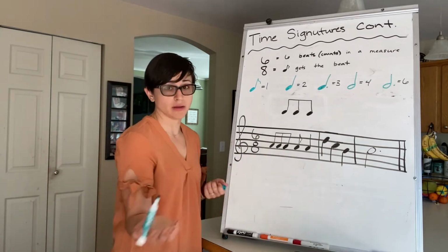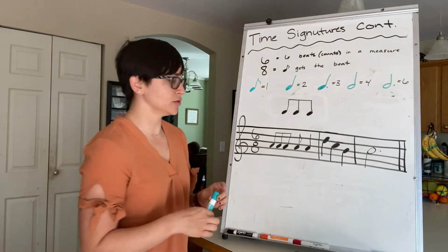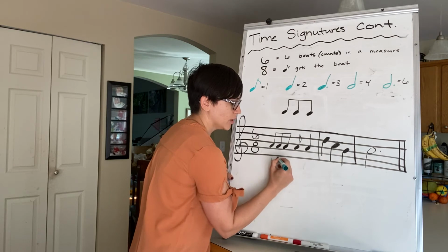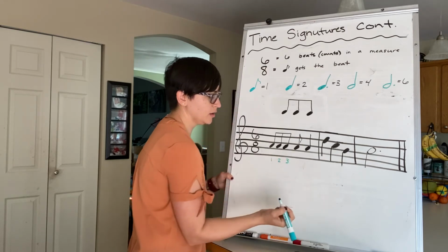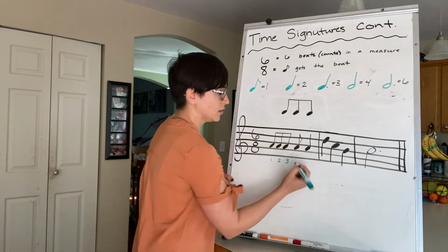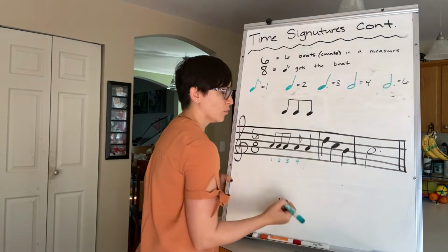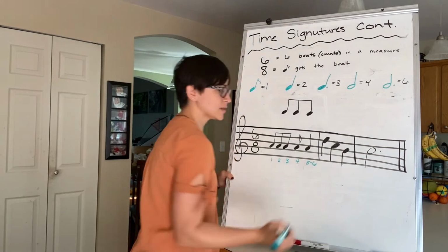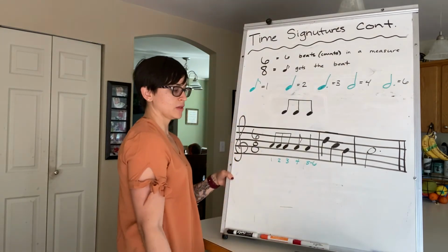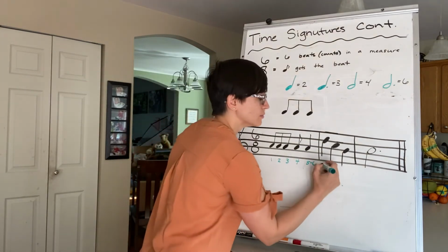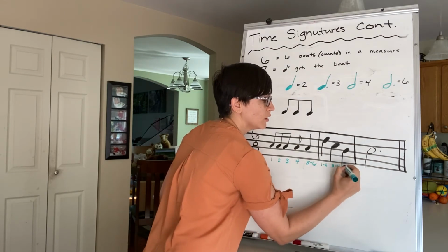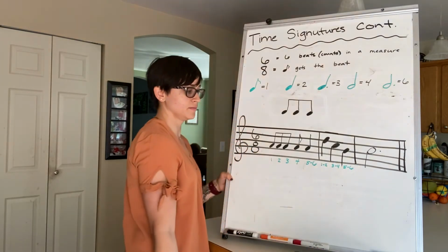So when you're counting, for example, and you write your counts under music like this, these would be counted 1, 2, 3. That's an 8th note standing on its own, so it gets a beat. 4, and then a quarter note gets 2 beats. 5, 6. The next measure is all quarter notes. 1, 2, 3, 4, 5, 6.